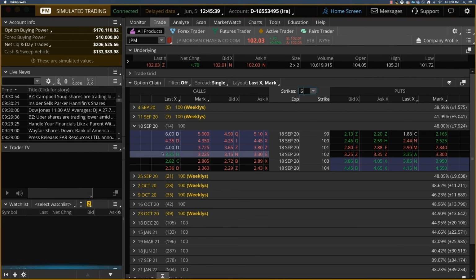Well, the ones that are shaded, the 99 strike down to the 102, those options are shaded because those options are in the money. That just means the stock price is above those strike prices. The strikes such as 103, the strikes such as 104, those options are out of the money. That means in that case, the current stock price is below that strike price.